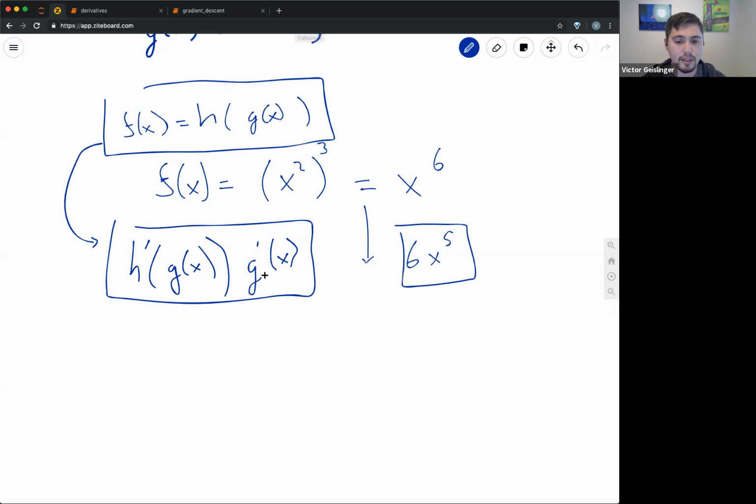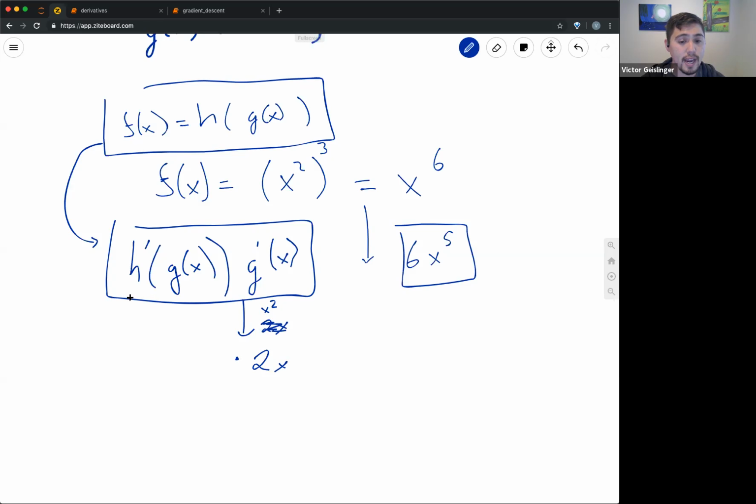We saw that, let's start with g of x, because g of x is pretty easy. g of x, as we saw, is just x squared. So g prime of x, you see this x squared, g prime of x would be 2x, right? So if I go forward, this part will be 2x, and I'll just write it multiplied, okay?